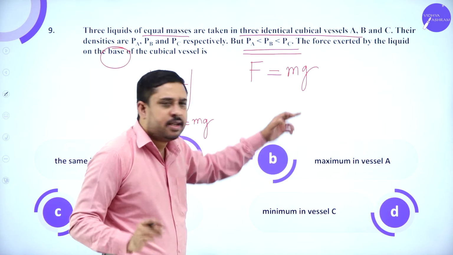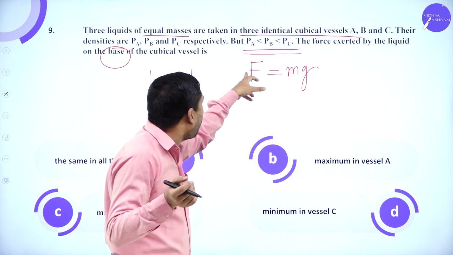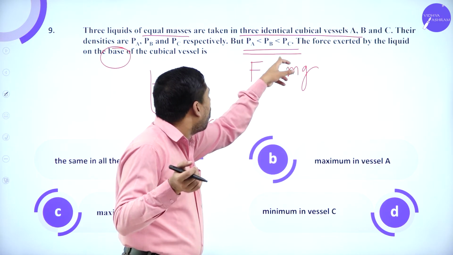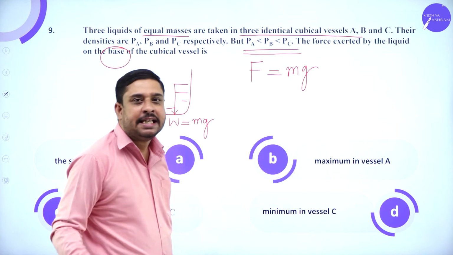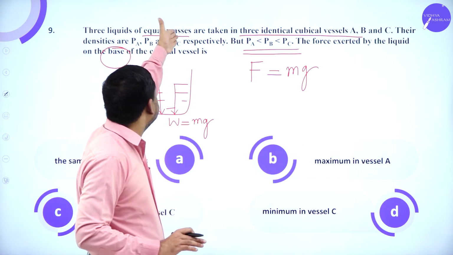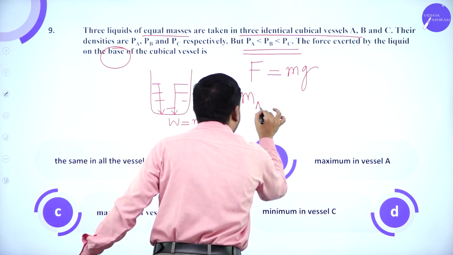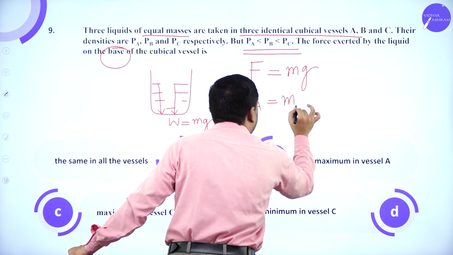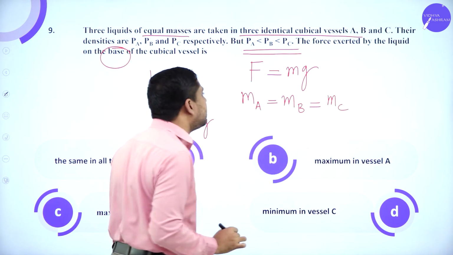Now g is a constant, which means the force depends only on the mass of the given liquids. Very clearly they say equal mass. So MA is equal to MB is equal to MC.